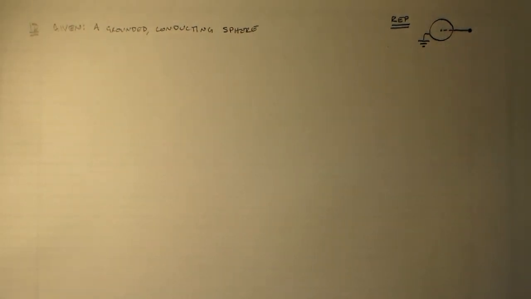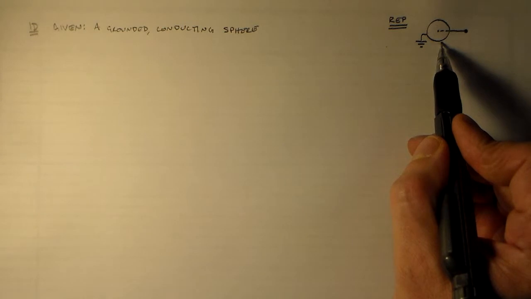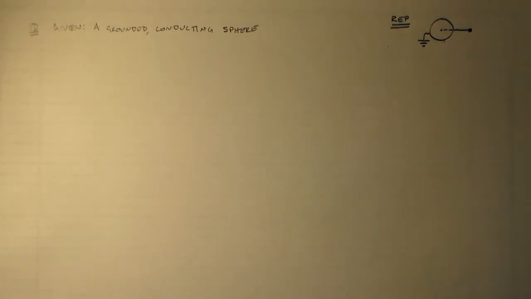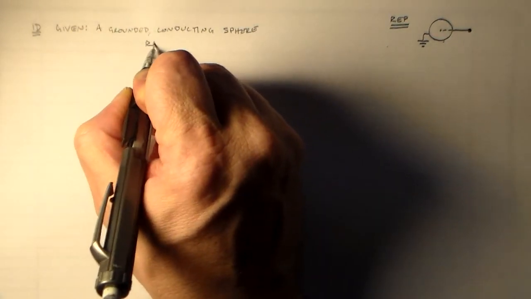Is it a solid sphere of copper? Actually, it should be a perfect conductor, a better conductor than anything real. But in any event, is it just a big ball of some perfect metal? It doesn't matter for what we're going to do today.